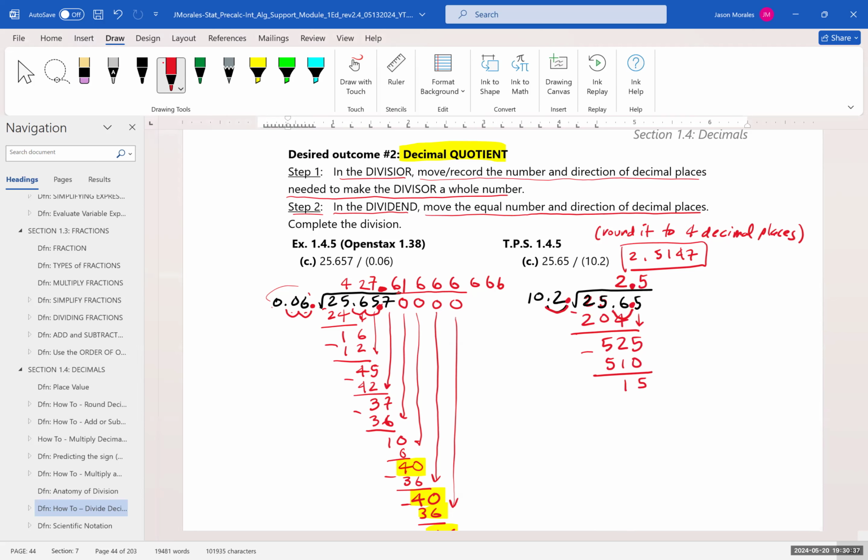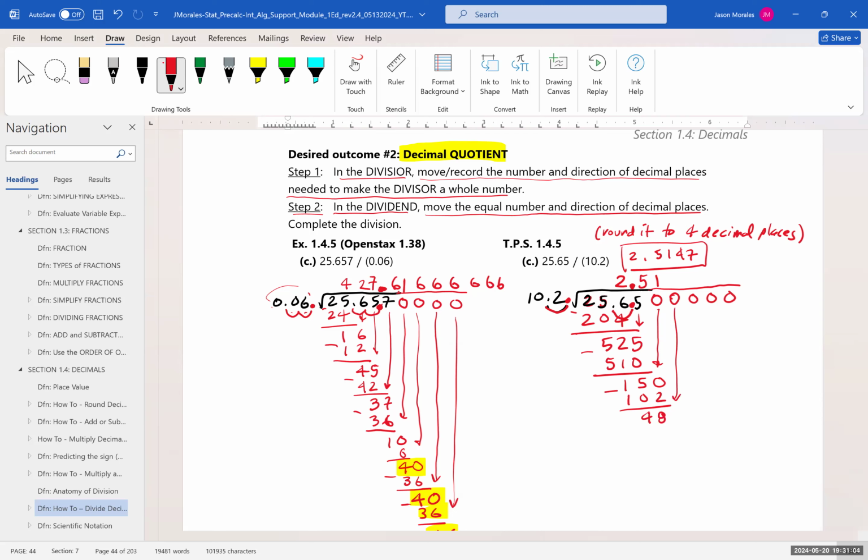And this will give us a difference of 15. Now remember, even though we're out of digits, we can still add zeros. Just add a few more zeros there. So we had a remainder of 15 there. Let's drop a 0. And 102 will go into 150 one time. So we've got 102. And the difference between 150 and 102 is 48.